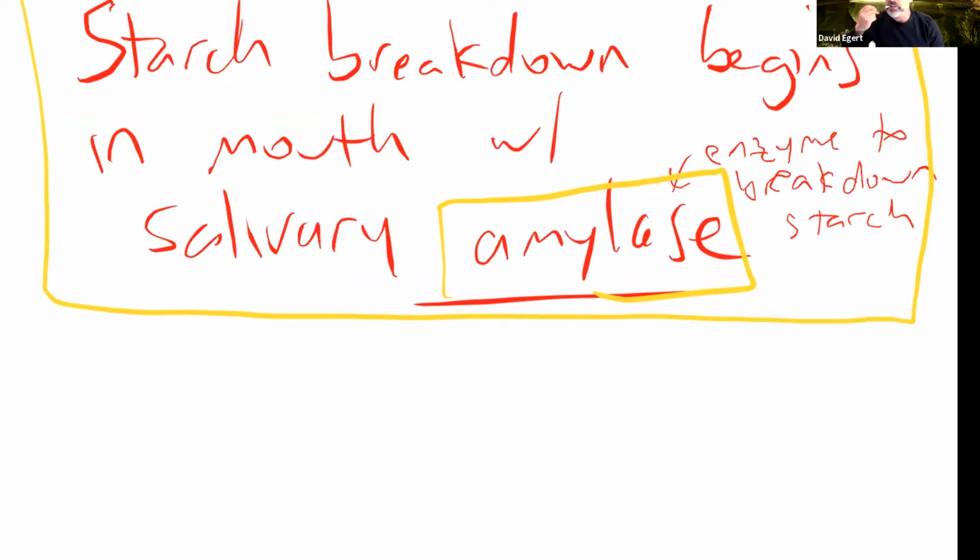So we're mimicking the conditions in the body. What is the pH in your mouth? Because remember, enzymes are very sensitive to pH, or else they're going to denature, right? What's the typical pH in your mouth, or most of your body, unless you're looking in weird places?